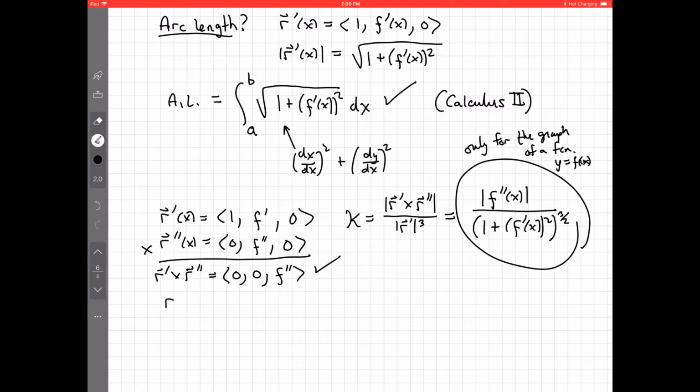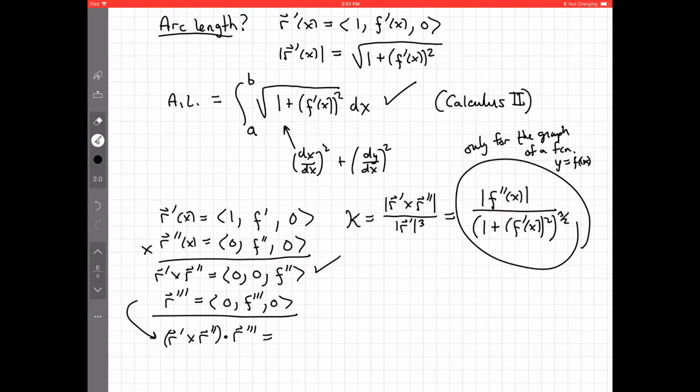Maybe to complete this picture, how about torsion? Of course, we know what the answer is for torsion if you pause and think about it for a little bit, because what kind of curve do we have? But let me go ahead and actually compute this. We have r prime cross r double prime dotted with r triple prime.